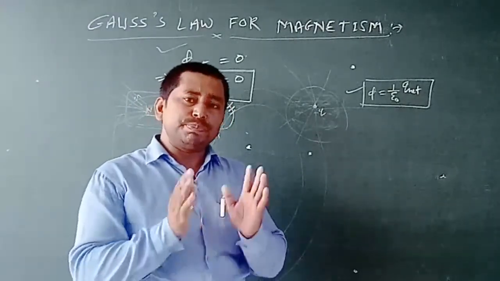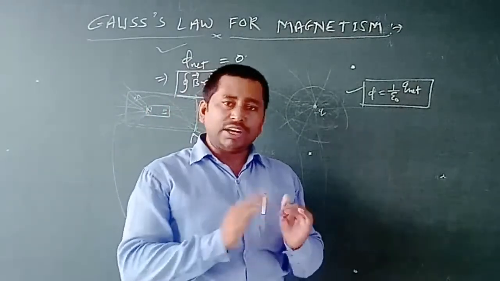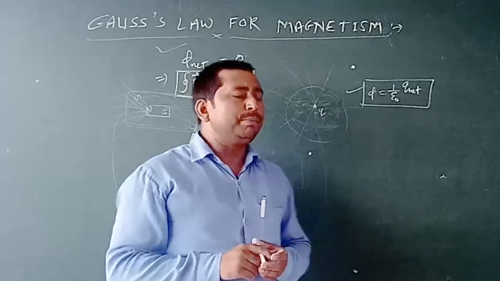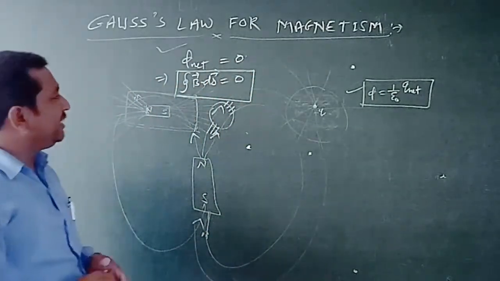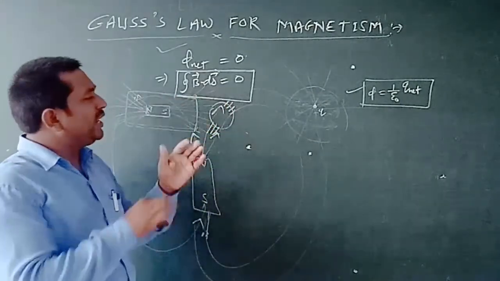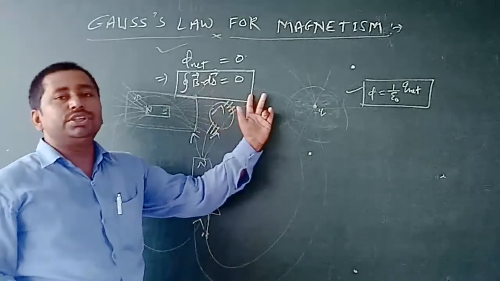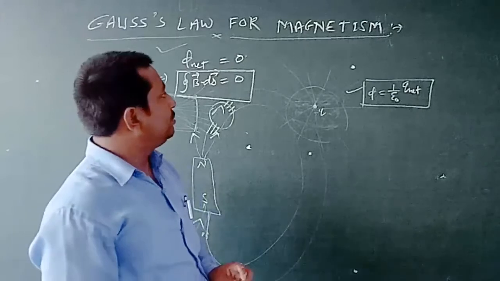It means each piece becomes a magnetic dipole, and we cannot find a separate pole of the magnet. So with the help of this, we can easily find that the total magnetic flux passing through any closed surface is always equal to 0. So this is the statement of the Gauss law for magnetism.